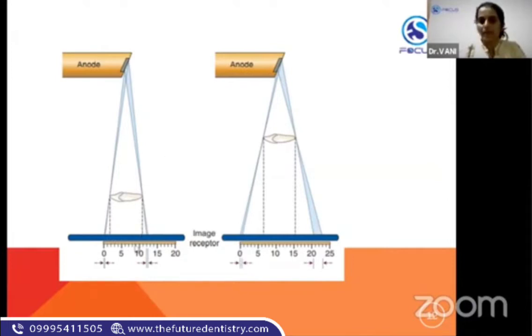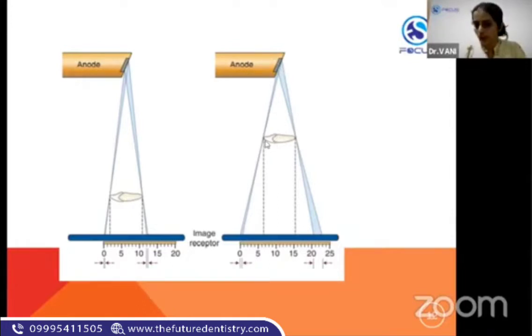You might feel it is a little high, but actually it is a very minute magnification that is quite pardonable. The image produced will have almost similar dimensions as that of the original tooth.